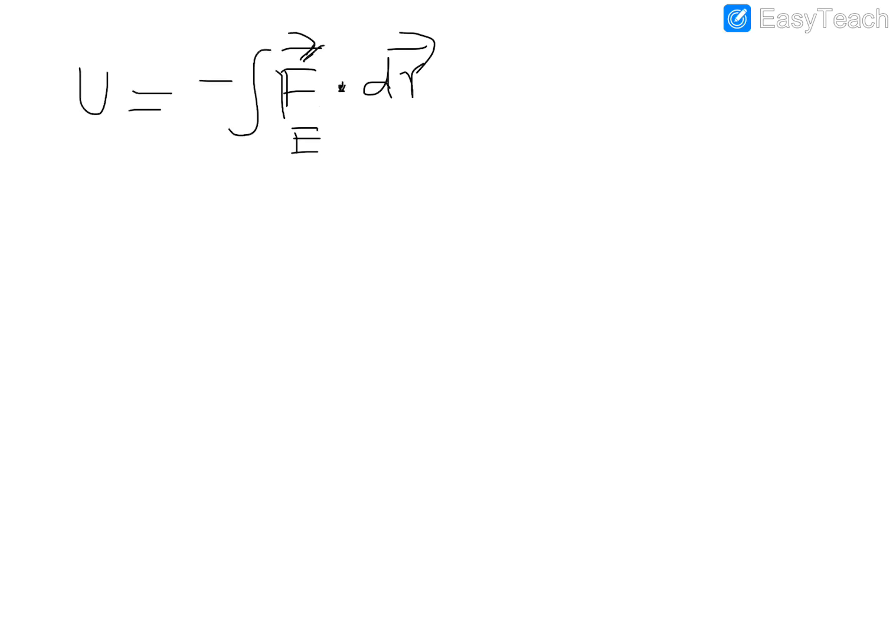Okay, so this is the equation for electrostatic potential energy, which is nothing but the amount of work done by the external force in bringing a charge from infinity to that point.